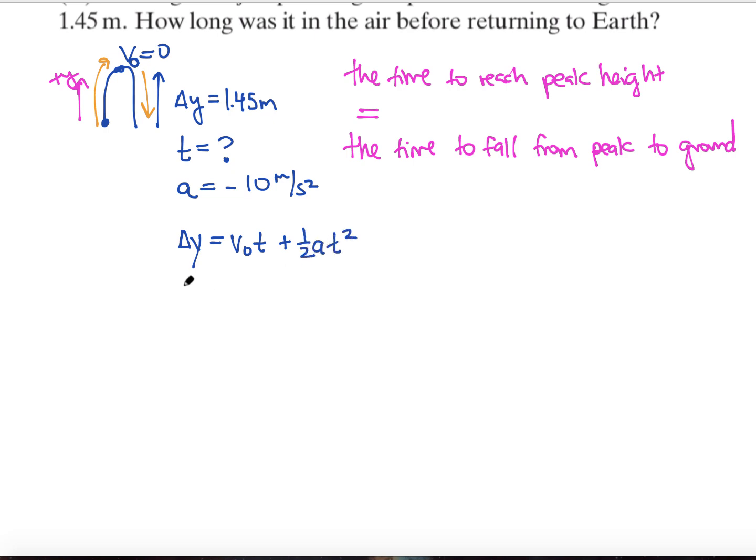So delta y is actually going to be a negative, because I'm going down. So I'm going to write negative 1.45, and that's equal to 0 times t plus 1/2 negative 10 times t squared.